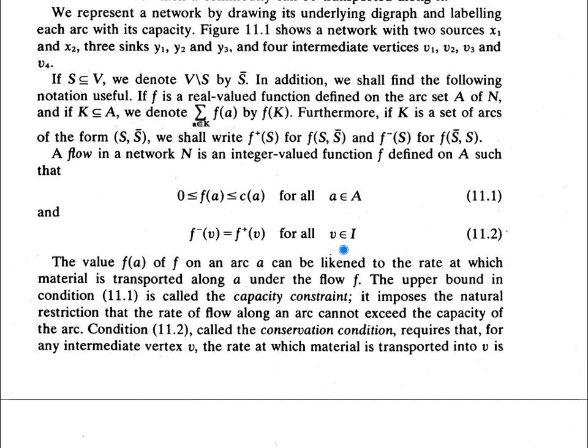You take the set of the sources. That's the set in which, if you sum up all the f plus, you can have something greater than f minus. Okay. On the contrary, the set of sinks has the opposite situation, that f minus overcomes f plus. In the intermediate vertices, you must have that f minus equals f plus. So they don't produce, they don't absorb, they just transmit goods.